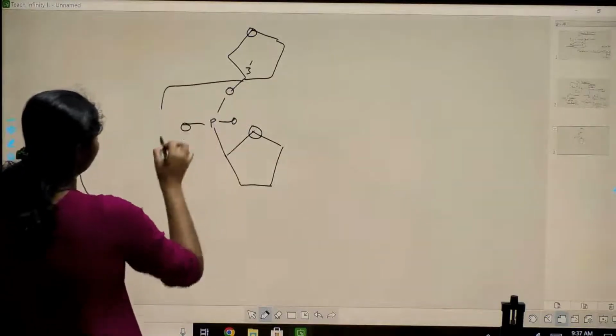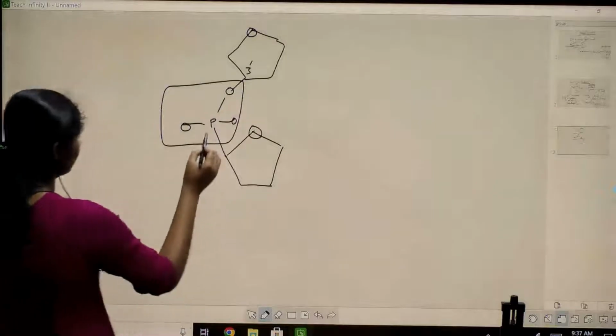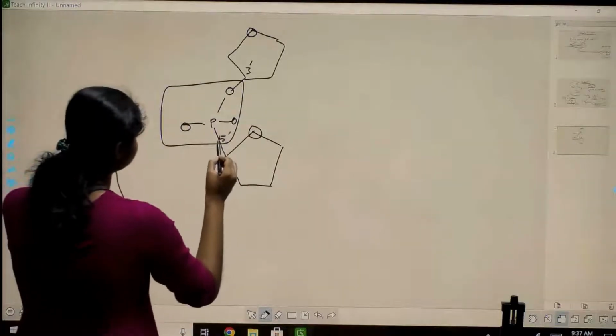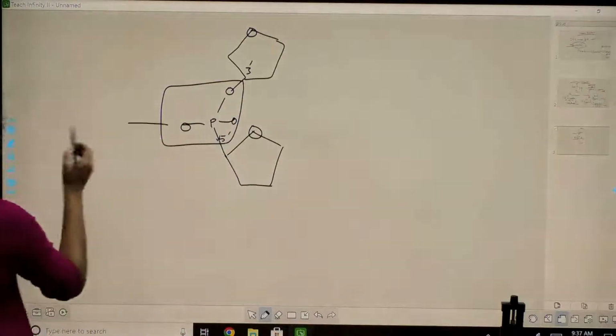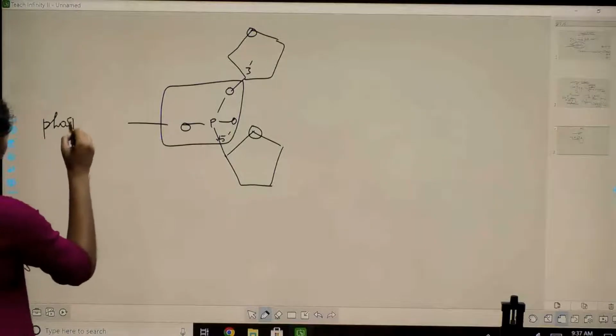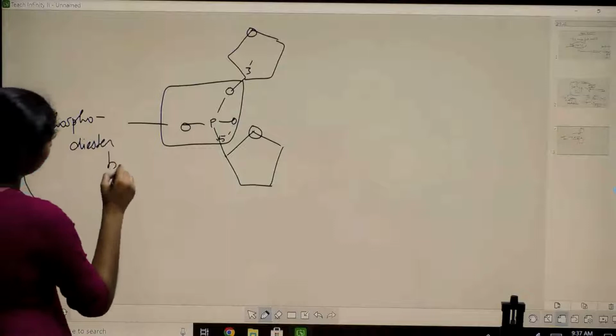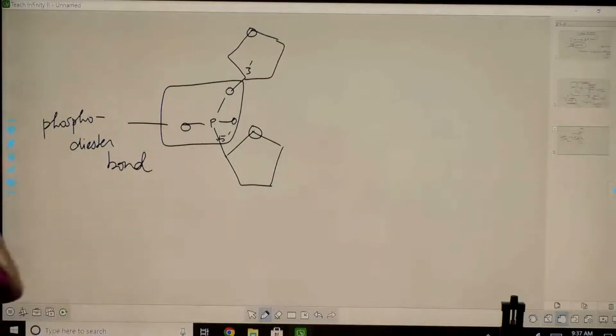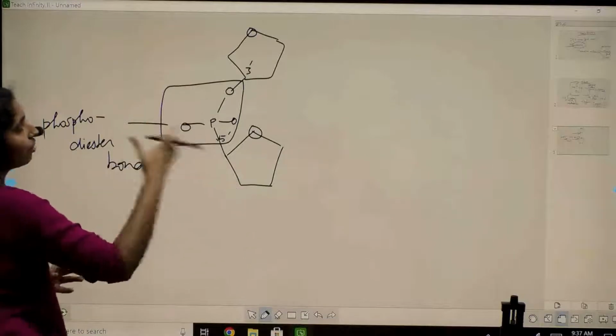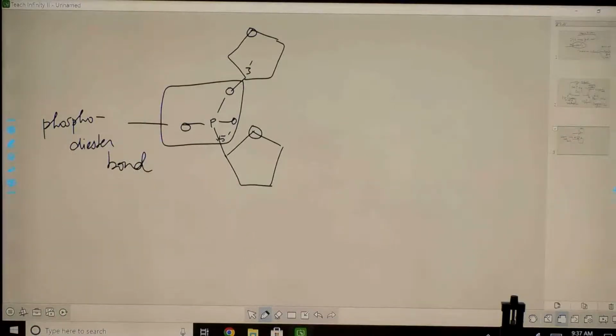So 2 nucleotides are joined to each other with the help of a phosphodiester bond. The phosphodiester bond is the bond that links two nucleotides, or I can say monomers, together to form DNA.